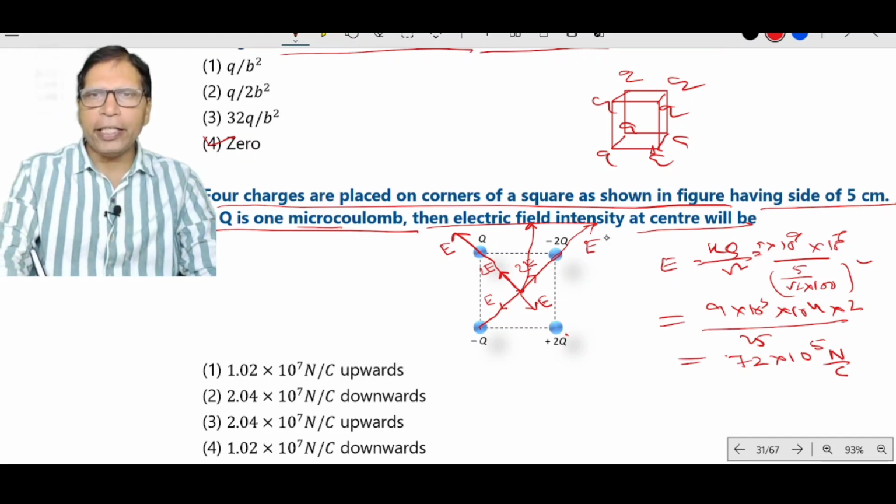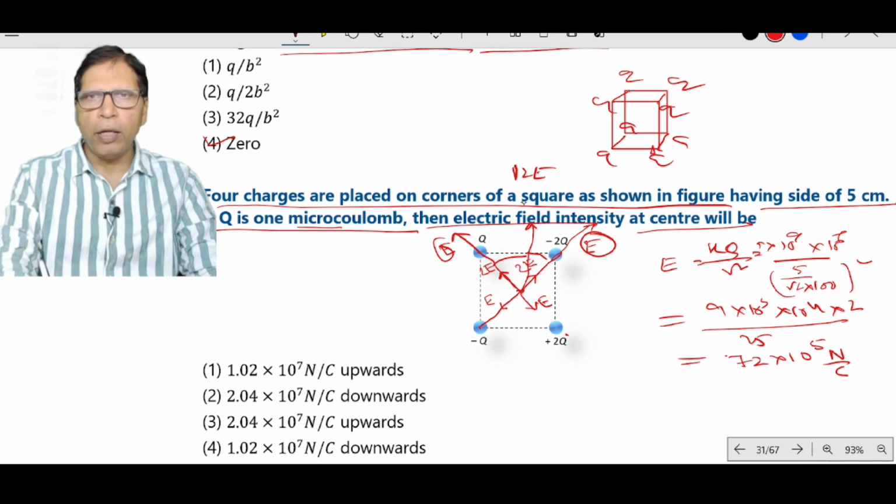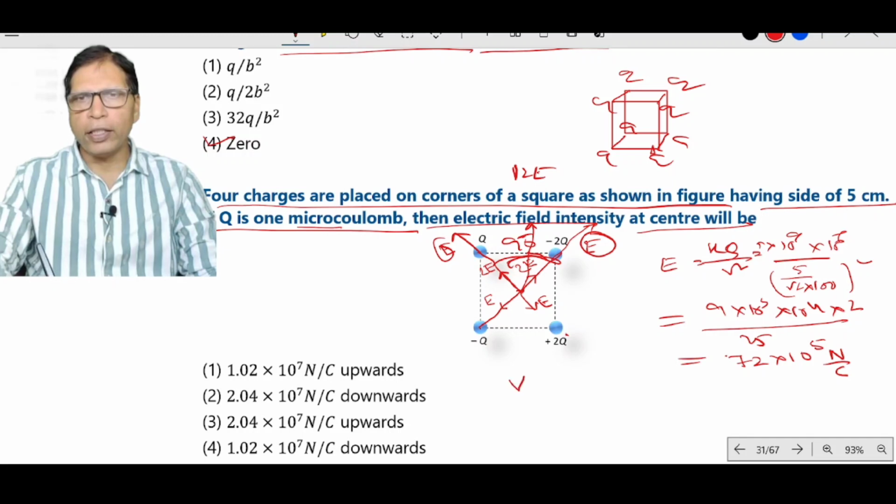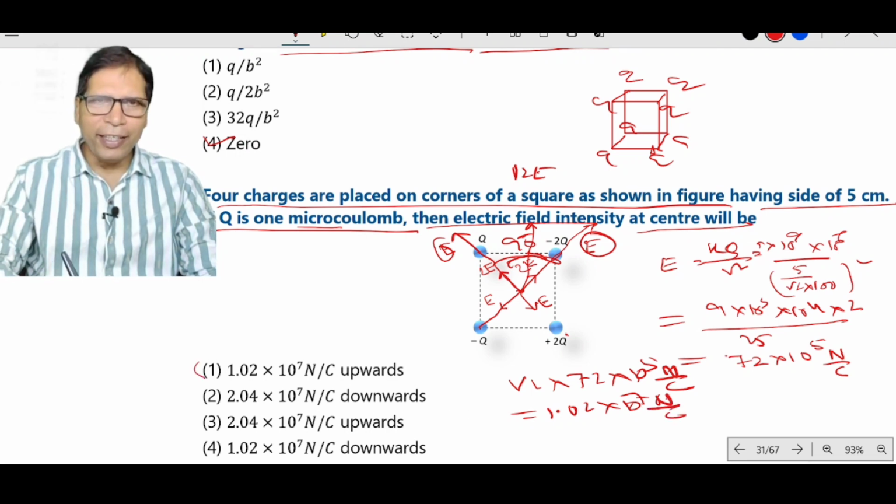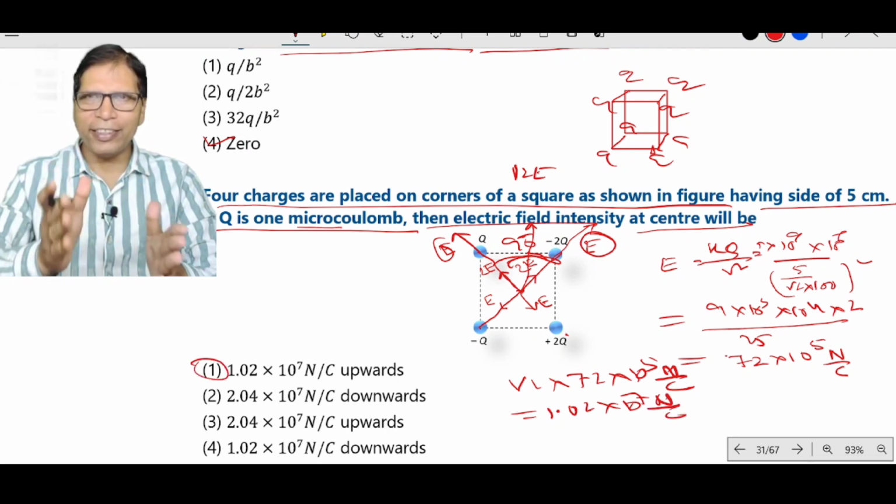Now the resultant electric field, look at this, this is E, this is E. So the resultant electric field becomes root 2 into E, because this angle is 90 degrees. Okay. So root 2 into 72 into 10 to the power 5 Newton per coulomb. So look at this, this is 1.02 into 10 to the power 7 Newton per coulomb, the resultant electric field at the center.